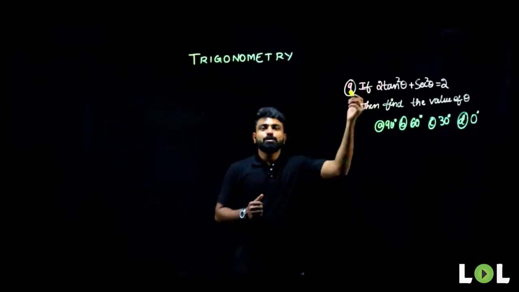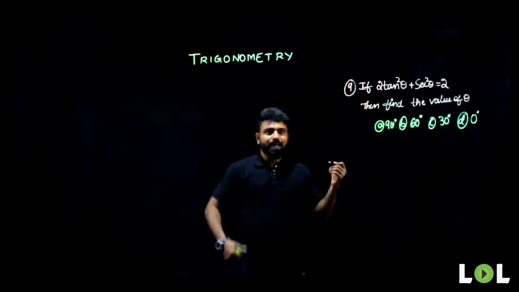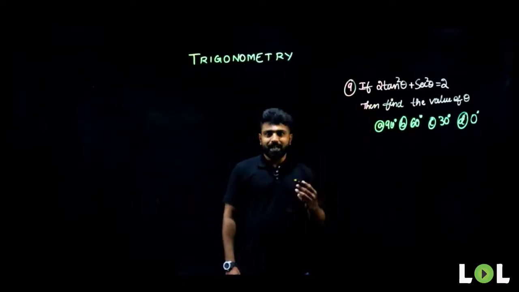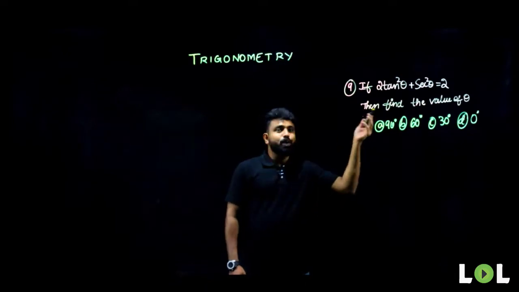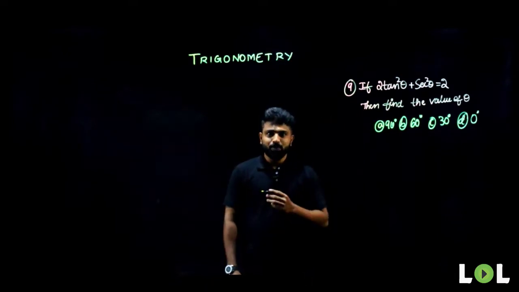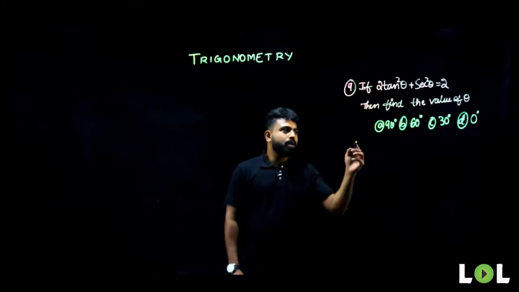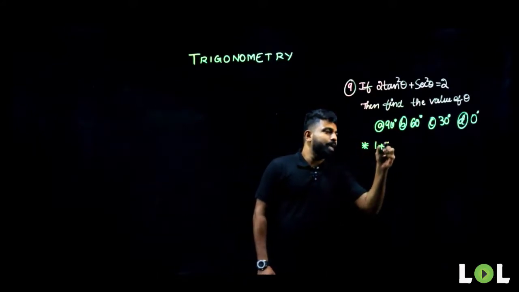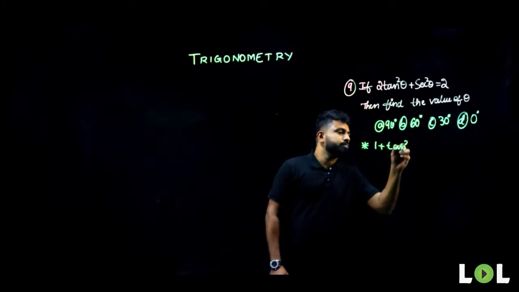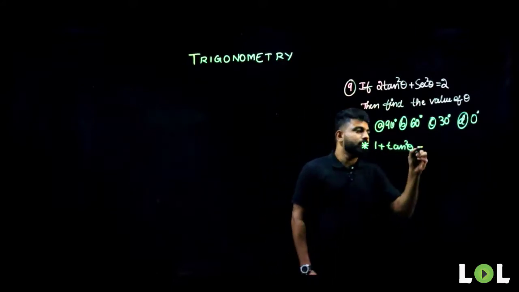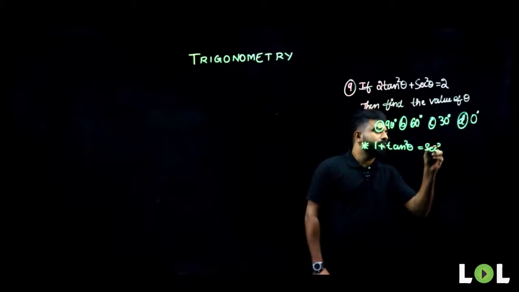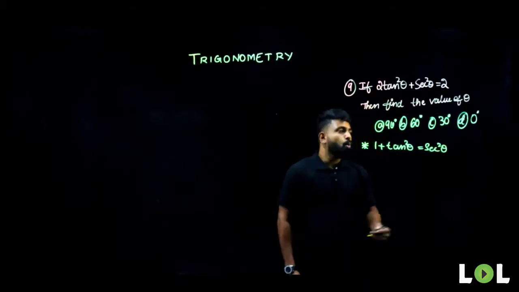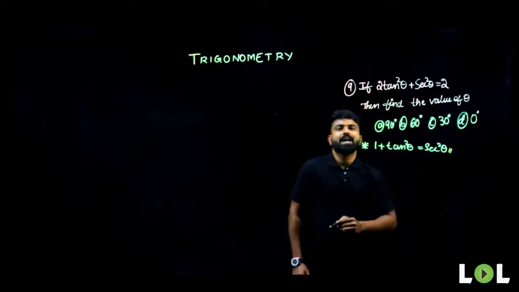So now let us move on to the next question. What are they asking? 2 tan square theta plus secant square theta is equal to 2. And if you remember, I told you that 1 plus tan square theta is equal to secant square theta is a very important trigonometric identity.